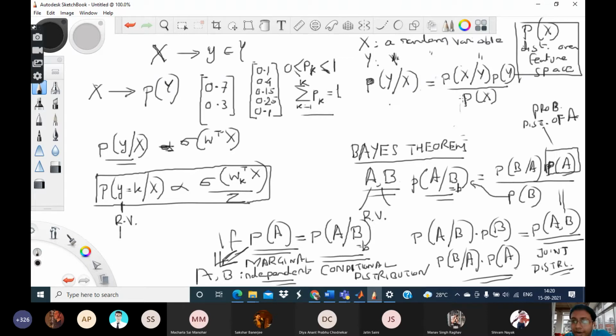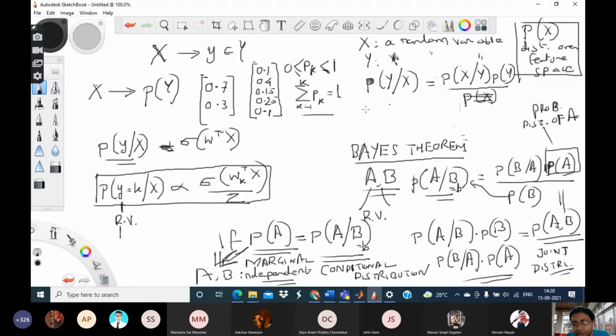So let us consider this as a constant for the time being. Why? Because x is something which we have observed. Although it's a random variable, its value we have observed. So we can calculate it, it's fixed. What we do not know is y. It's really y which is of interest to us.